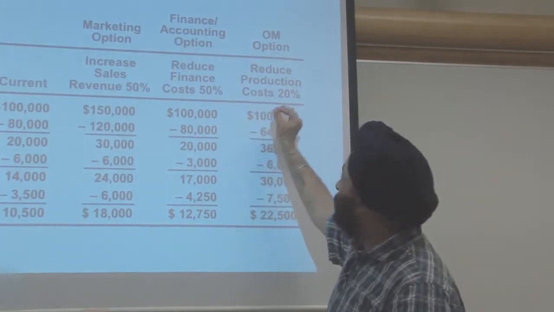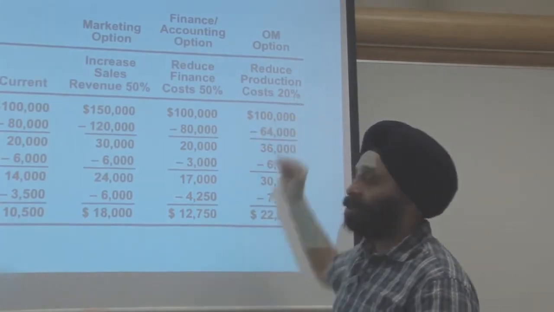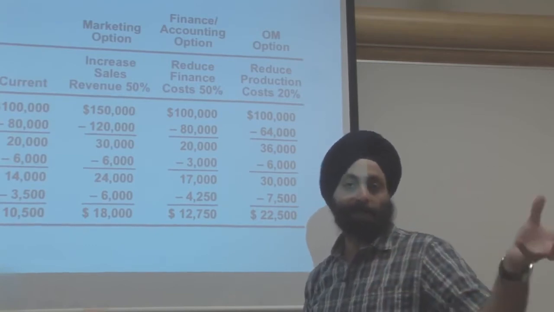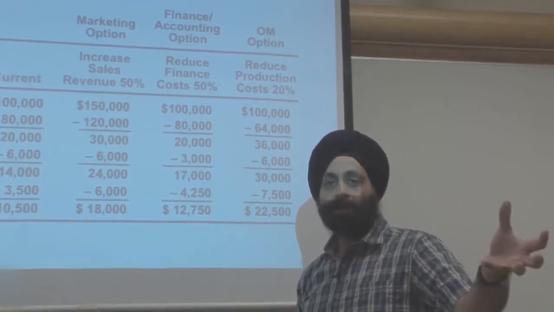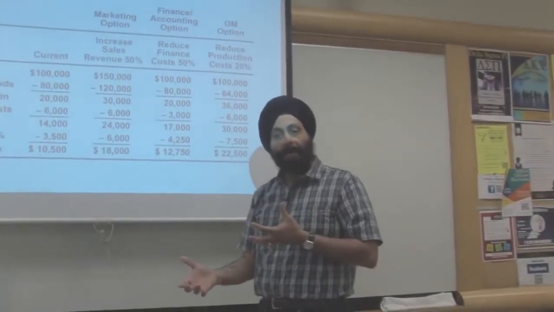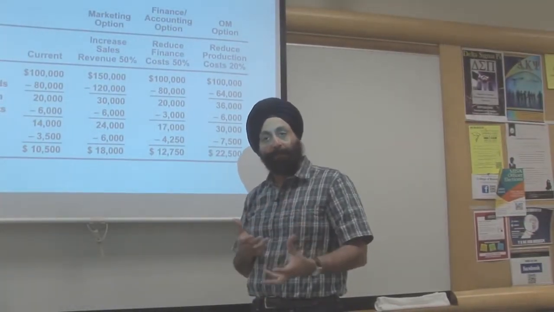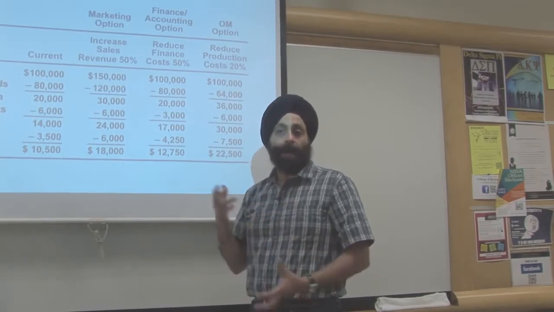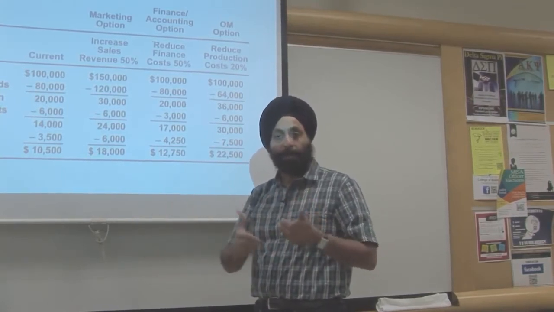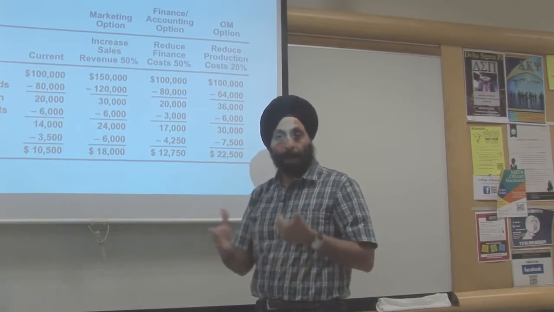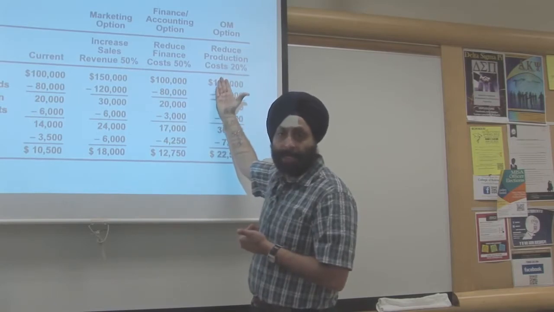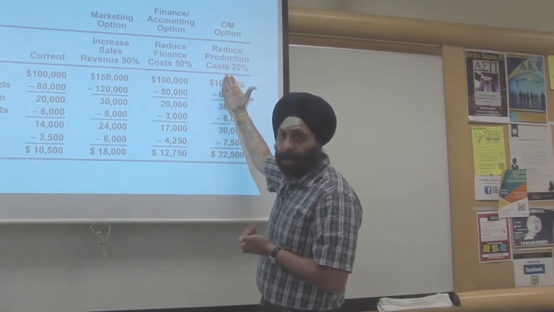We are only looking at reduction of production costs just by 20%, which many companies have been able to do much more than that by outsourcing to China or identifying better design of a product so that less material is needed, or trying to find better machines so that the time taken to produce the product is smaller, and so on and so forth. So there are various ways to realize this final option.